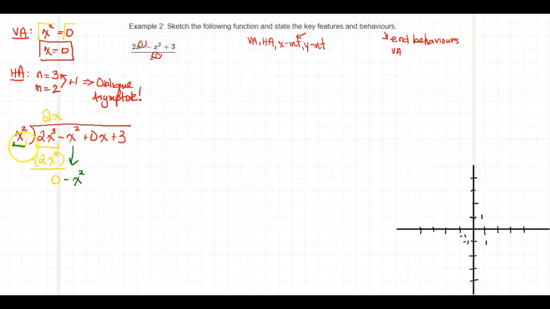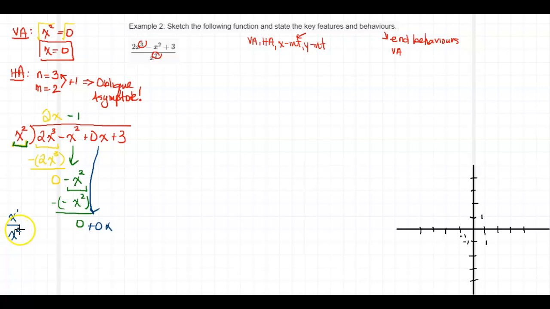We take the x squared and the negative x squared here. So negative x squared divided by x squared leaves me with negative 1. So now we multiply negative x squared, subtract 0. And according to our process, we would now bring down the next one, 0x. But here's the deal. x divided by x squared leaves me with a negative exponent, doesn't it?